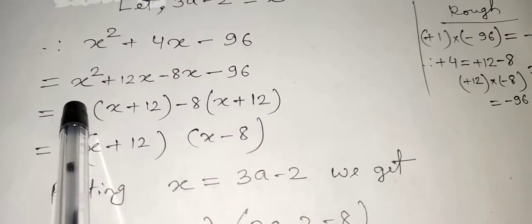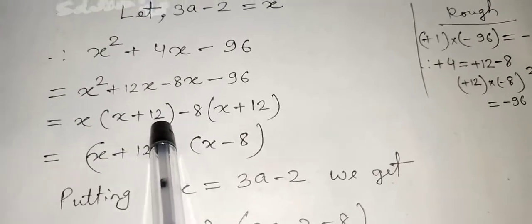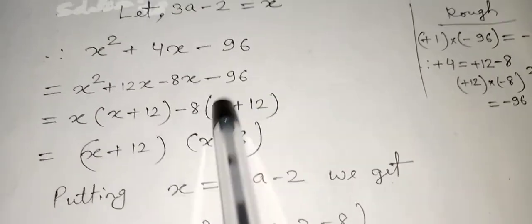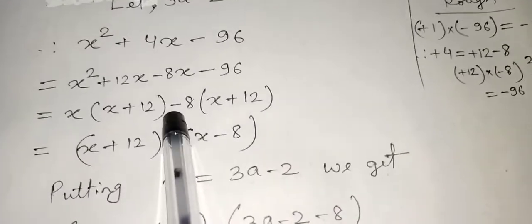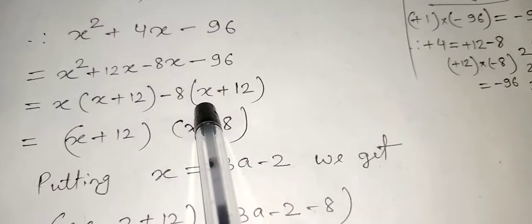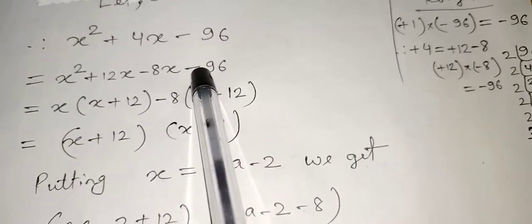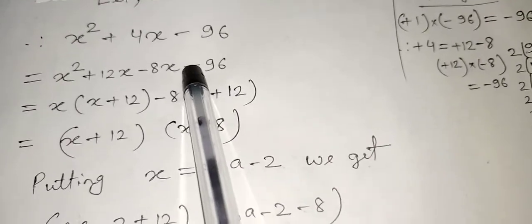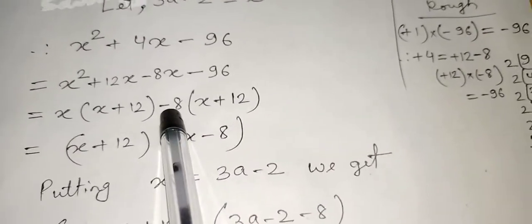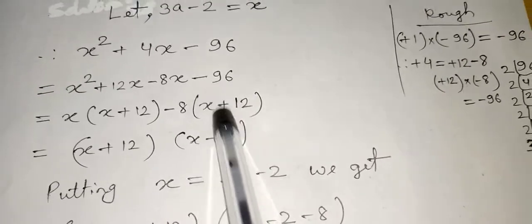After taking common, x will be common in these two, and I will get x plus 12 here. In these two, 8 is common, but since there is minus, we should write minus 8 common. When I take 8 common, here I get x, but when I take minus common, the next symbol changes. If there is minus, it becomes plus, because whenever we take minus common, the remaining symbol always changes.